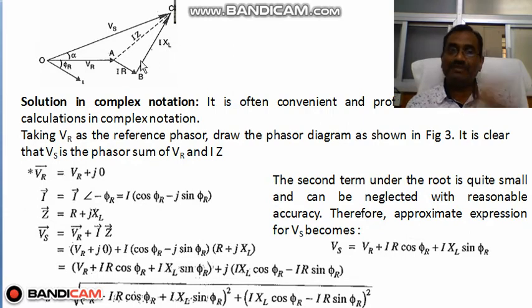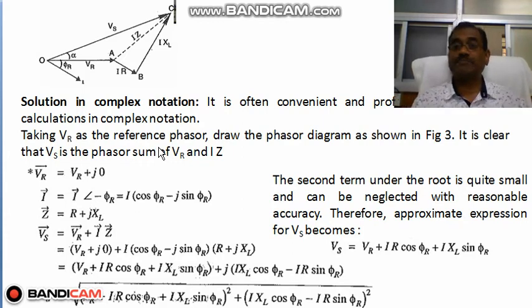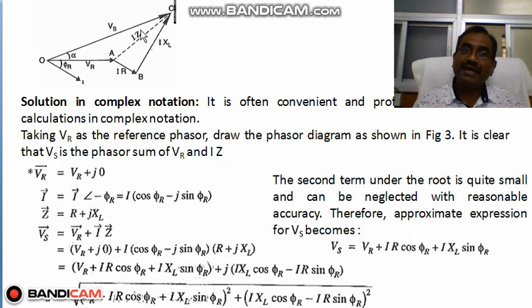When we represent this in complex notation, it will be very easy to understand as well as for calculation purposes. So taking VR as a reference phasor, draw the phasor diagram as shown in figure 3. It is clear that Vs is the phasor sum of VR and I into Z. So VR is taken as a reference, therefore VR vector is equal to VR plus j0.